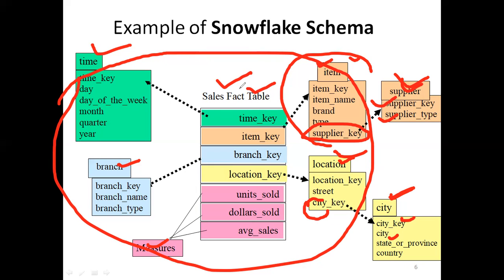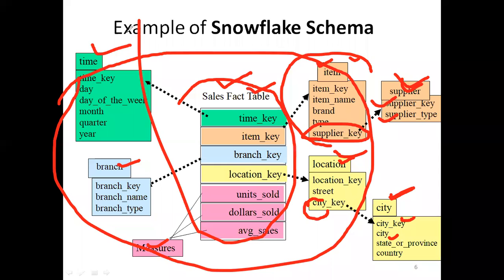Anyway, so this is the sales fact table. This is time. This is branch. This is measures. Location, item, again item to supplier, location to city. So when you analyze this figure, you will see that it is taking the shape of a snowflake. You probably know what a snowflake is.